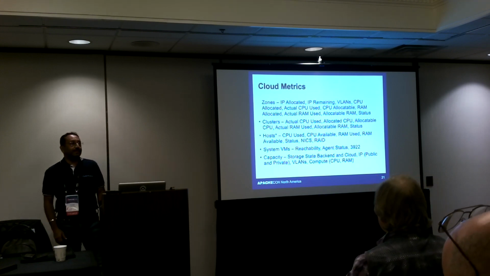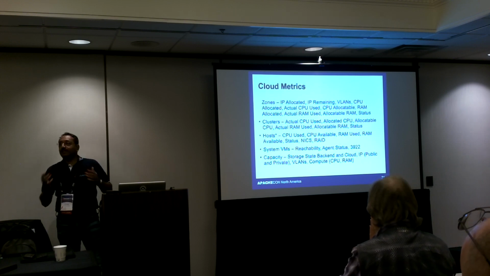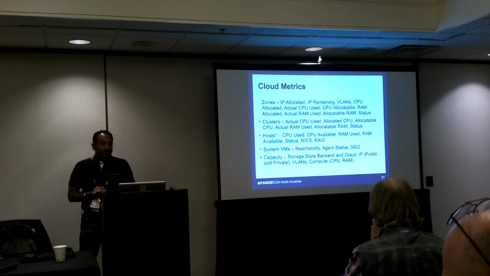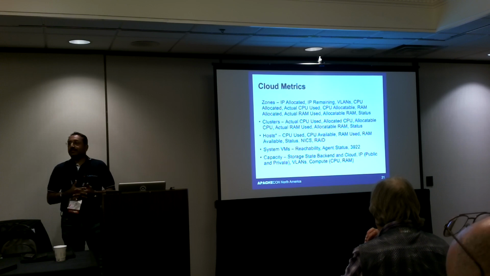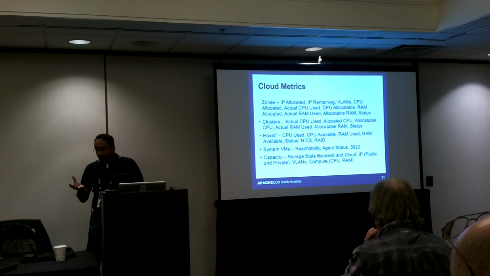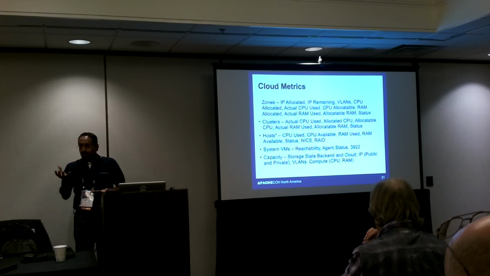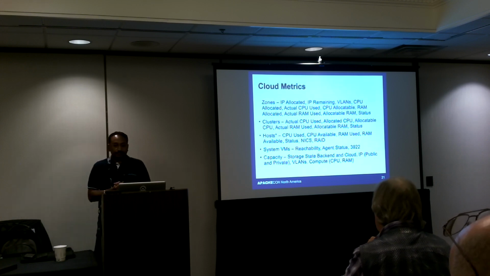That basically means that for hosts, we need to do a lot of additional stuff at our end, especially at the Xen server level. At the host level, we can do additional checks on the status of the NICs and the RAID of the host disks. That is where the host OS, the Xen server itself, resides.